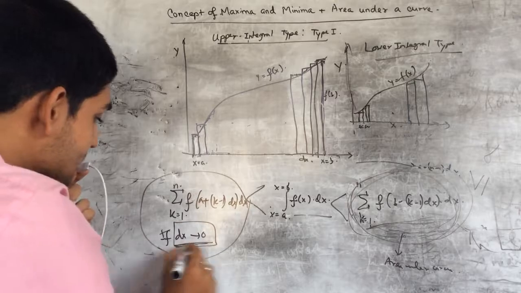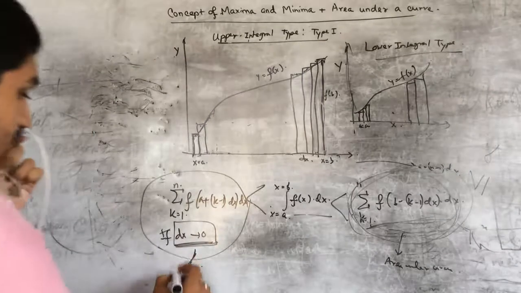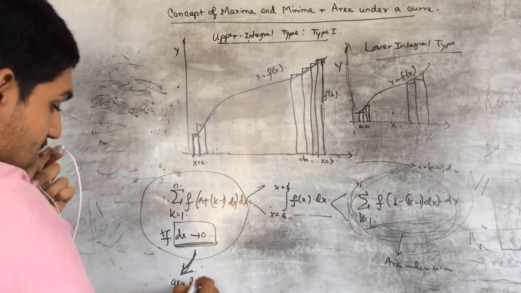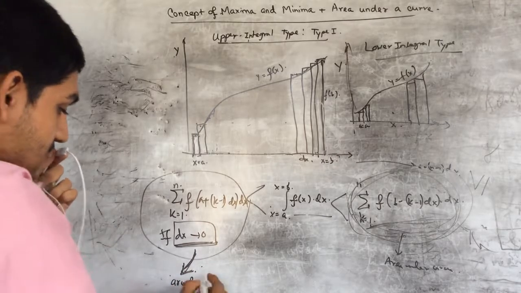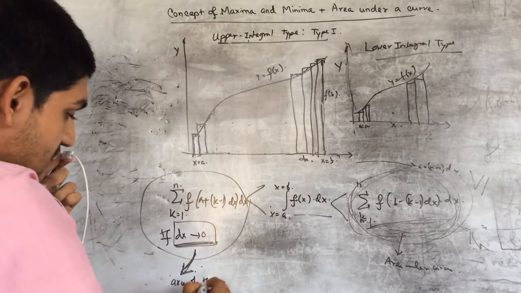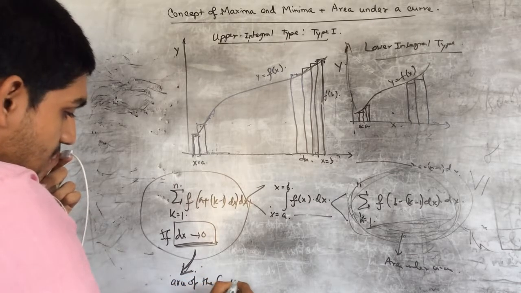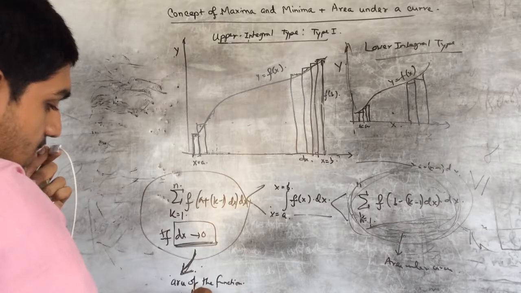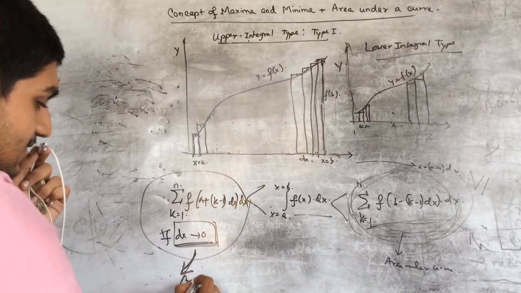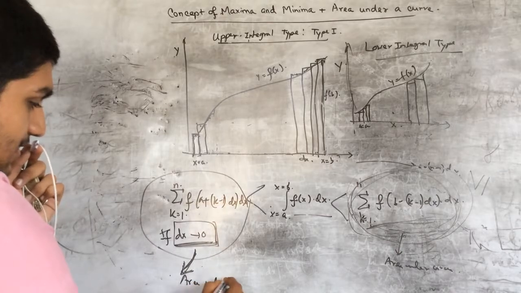So if dx is very small, then the error will be very small. So this will also give us the area of the function under the curve.